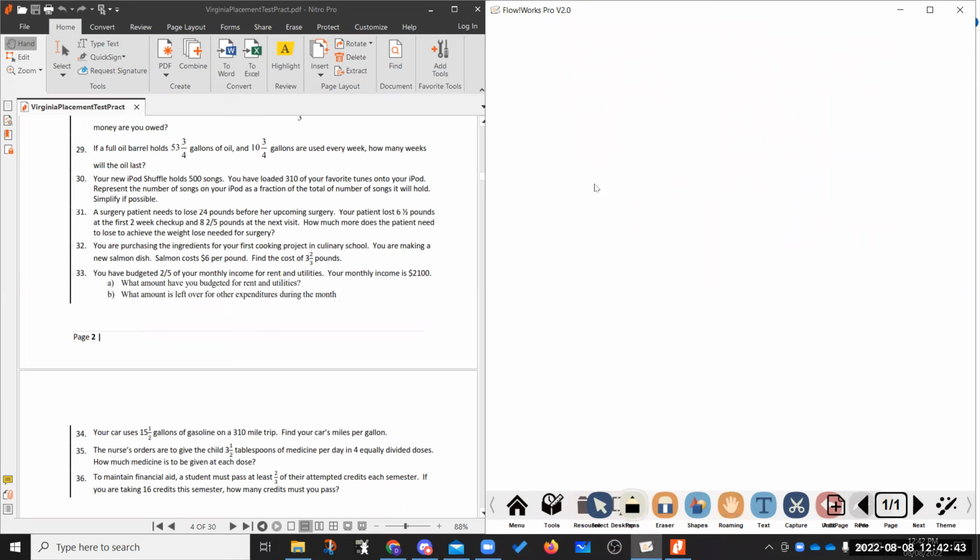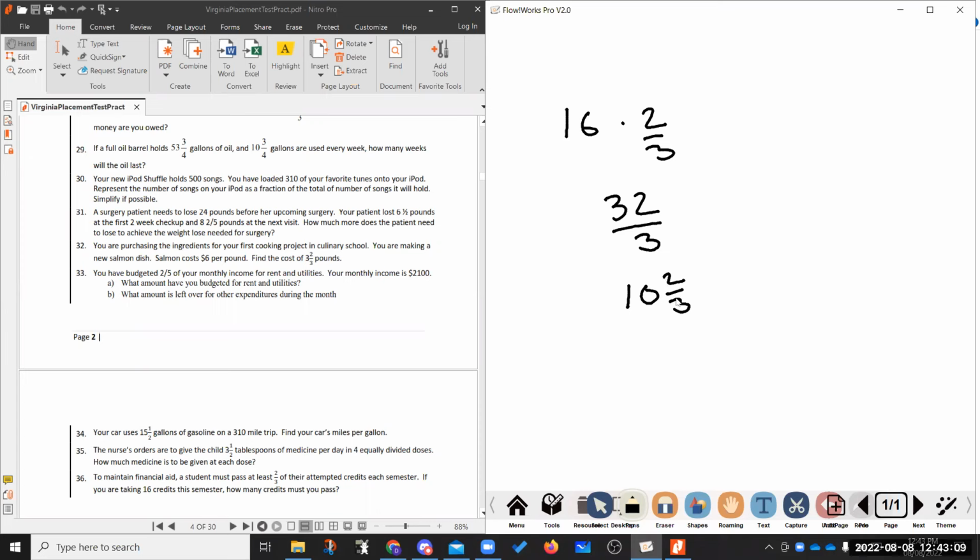And the last one, to maintain financial aid, a student must pass at least 2/3 of their attempted credits each semester. If the student is attempting 16 credits, 2/3 of those 16 credits would give me 32/3. So this is going to give me 10 2/3. But wait a second, I can't pass 2/3 of a credit.